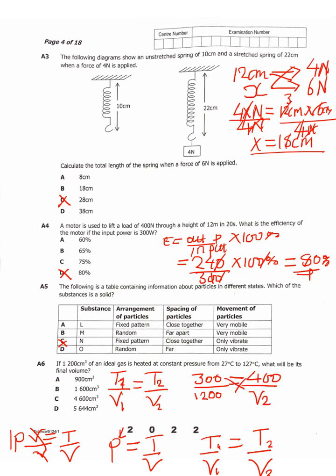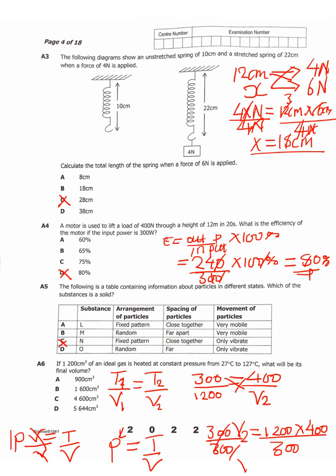If we cross multiply, 300 times V2, we get 300 V2 is equal to 1200 times 400. We divide by 300 on both sides.